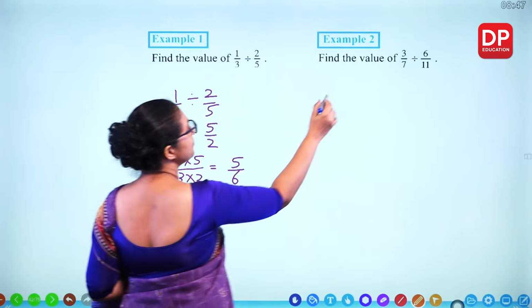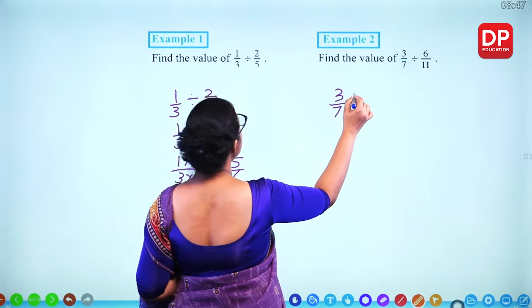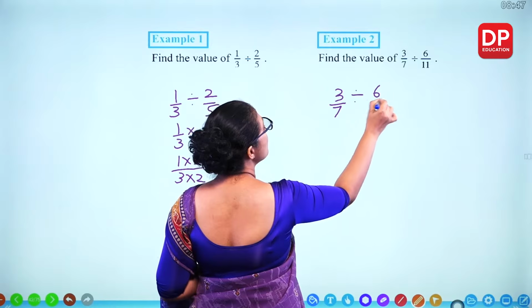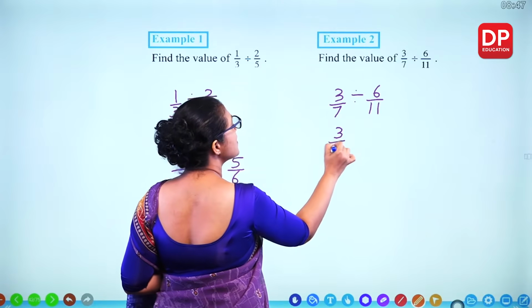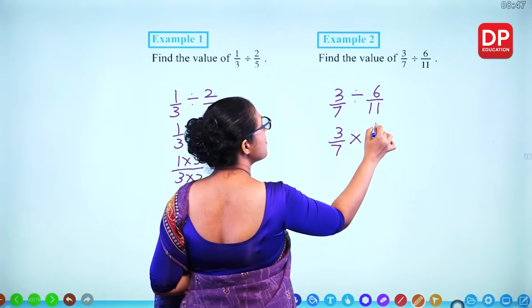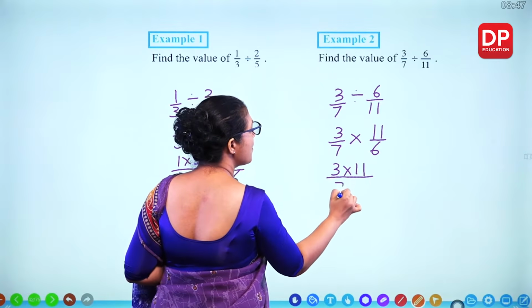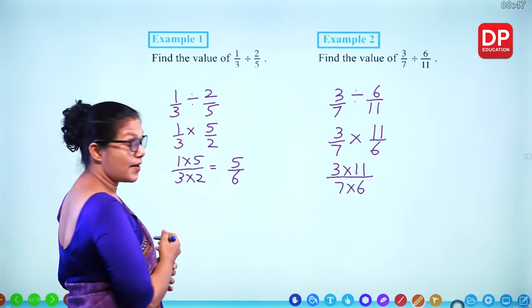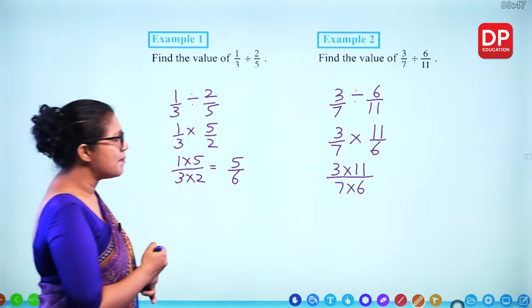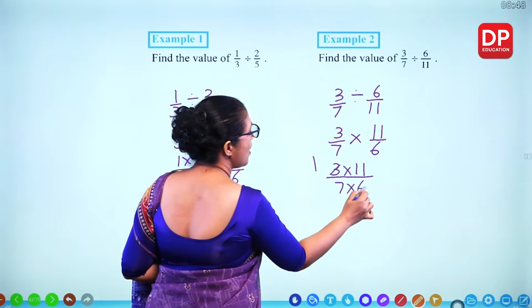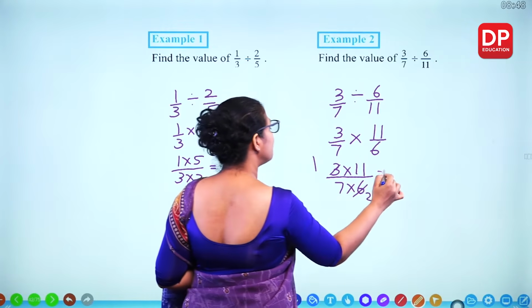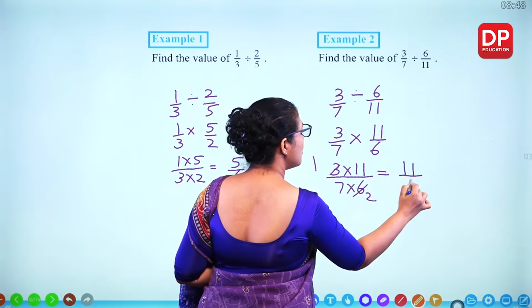This one, 3/7 divide by 6 over 11. So 3/7 multiplied by the reciprocal, 11 over 6. Multiply the numerator separately and the denominator separately and see whether you can simplify. 3 times 1, 3 times 2. 11 over 14.